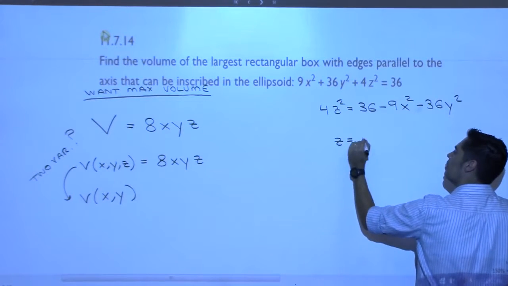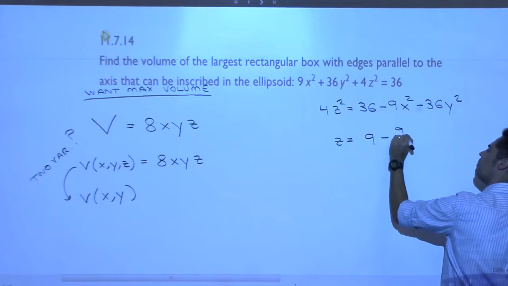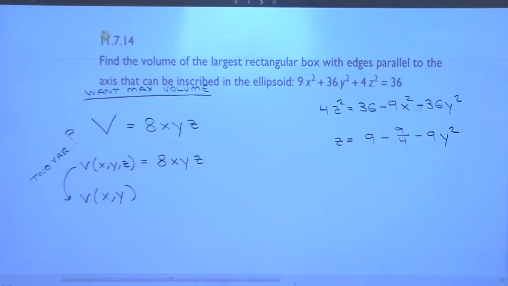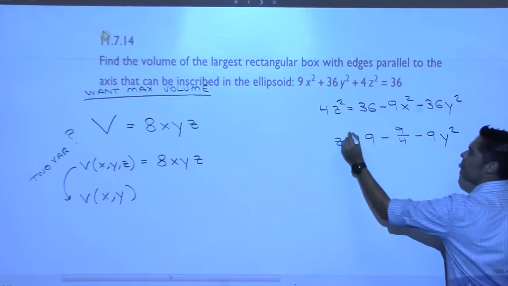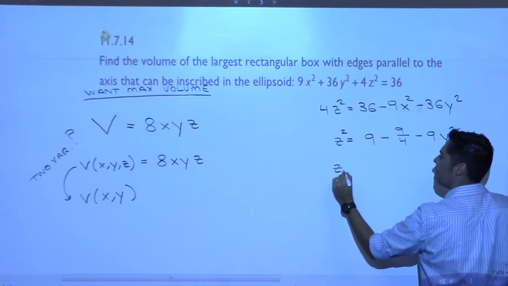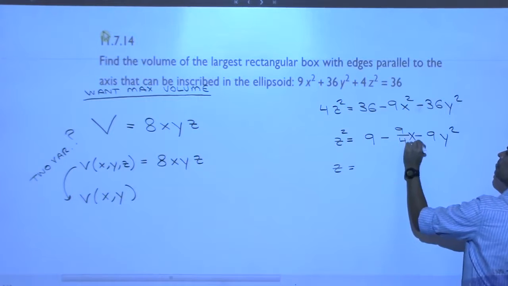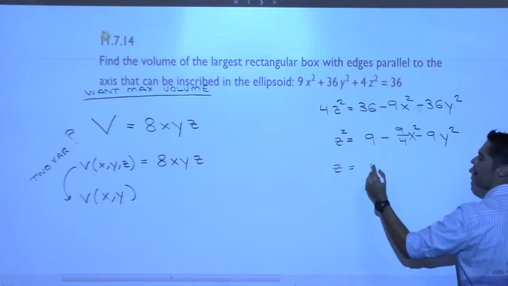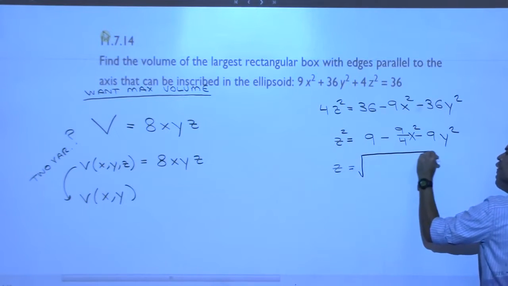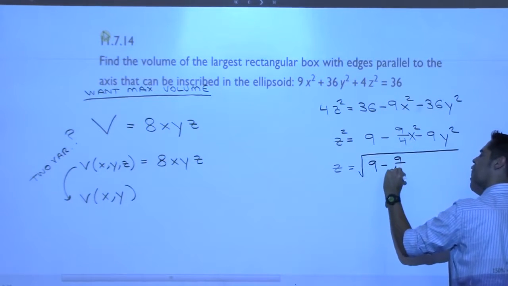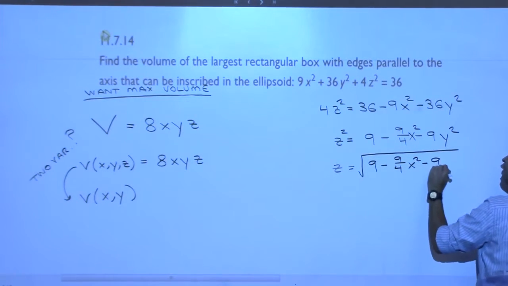Z squared is 9 minus 9/4 x squared minus 9y squared. I forgot my squared. And then square root. Yeah, I forgot the x squared. That's not going to be a good thing. And so we have the square root of 9 minus 9/4 x squared minus 9y squared.